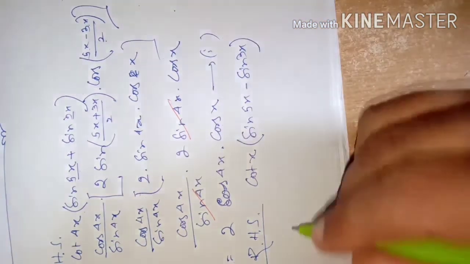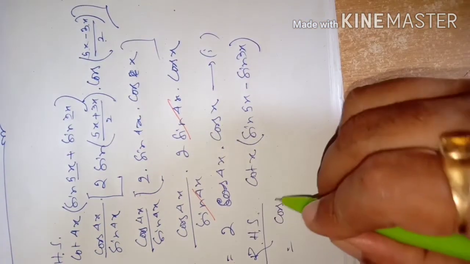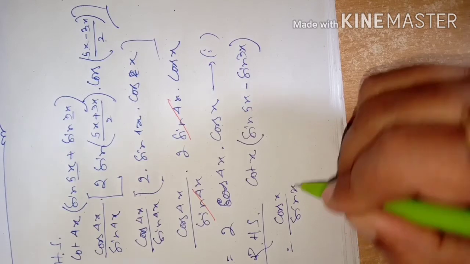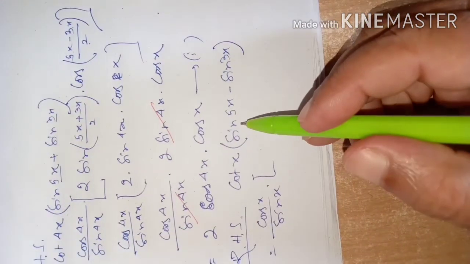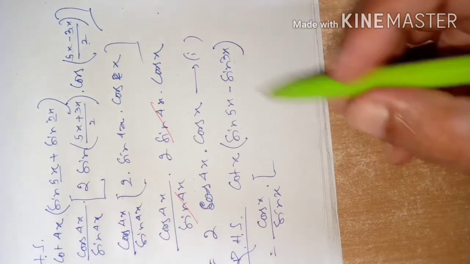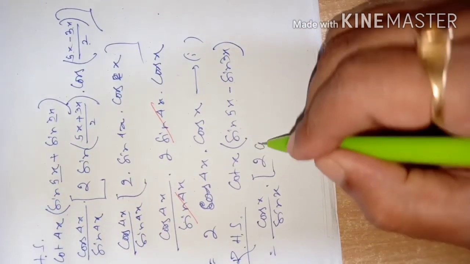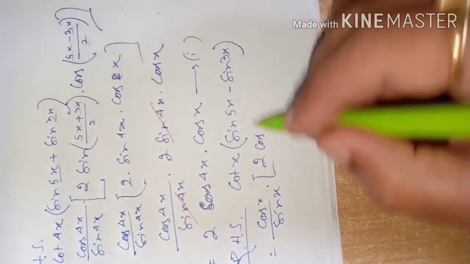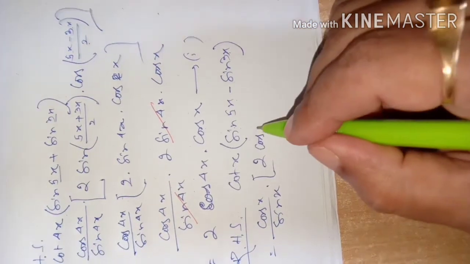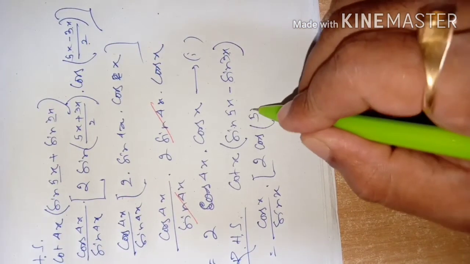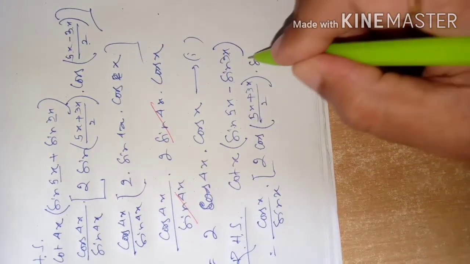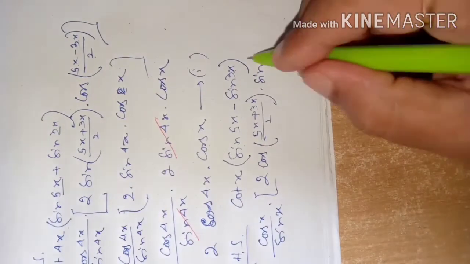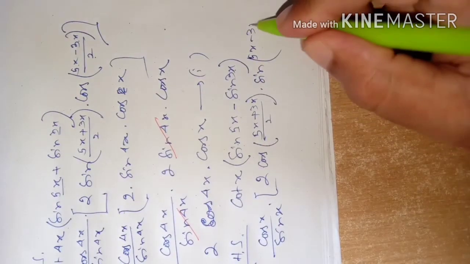Okay dear students, so here it will be cos x by sin x into, if you express it by the sine a minus sine b formula, it will be twice cos of a plus b by 2, means 5x plus 3x by 2, into sine of a minus b by 2, means 5x minus 3x by 2.